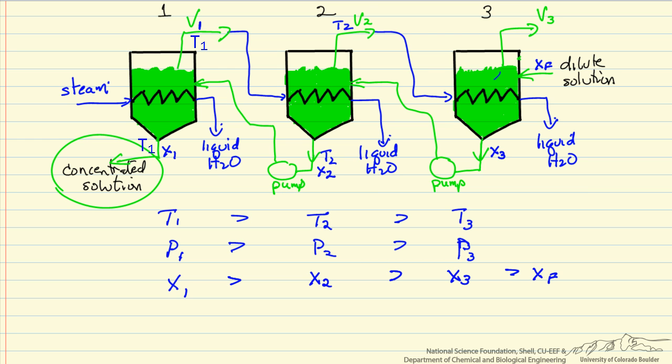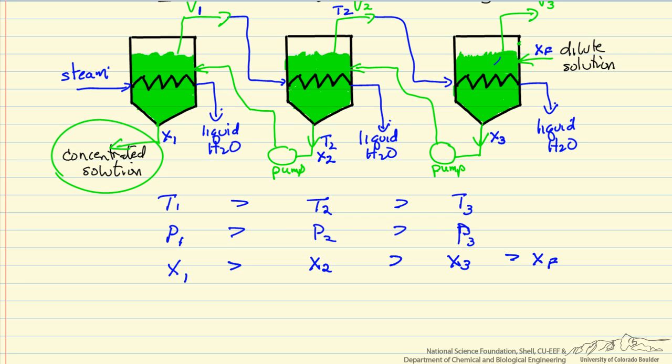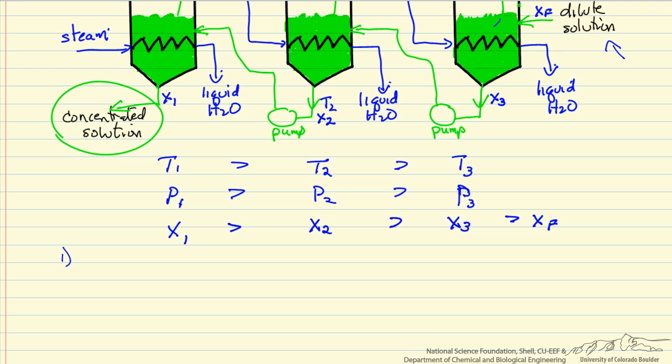There's a couple reasons why we might run the triple effect evaporator with this backward feed. One is if our fresh feed that's coming in here, that's our dilute solution, is cold. The reason being we'll take a smaller amount of energy to heat it to our lowest temperature rather than heating it to our highest temperature. The second would be that as we concentrate the solute, the liquid becomes more viscous.